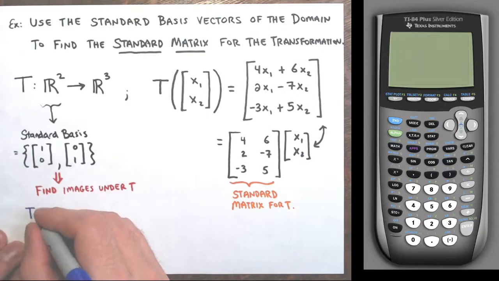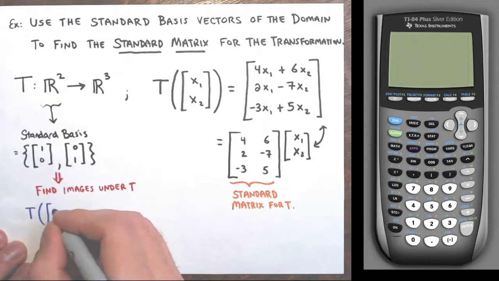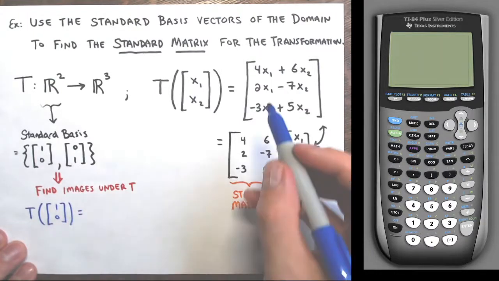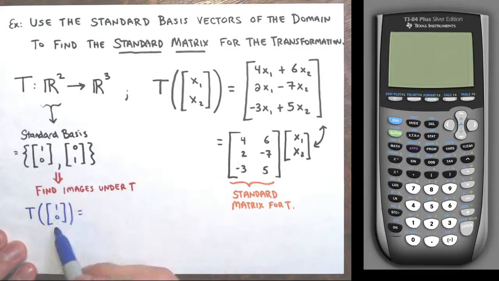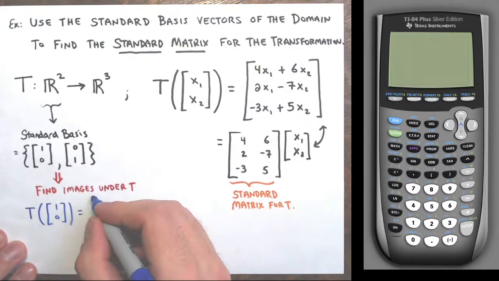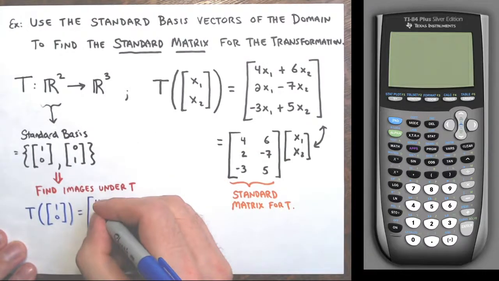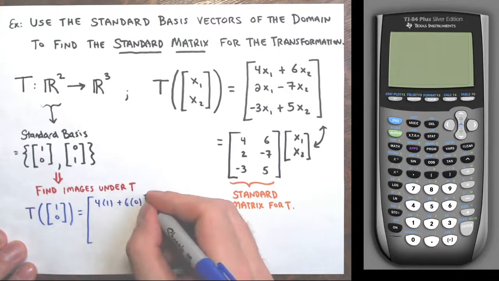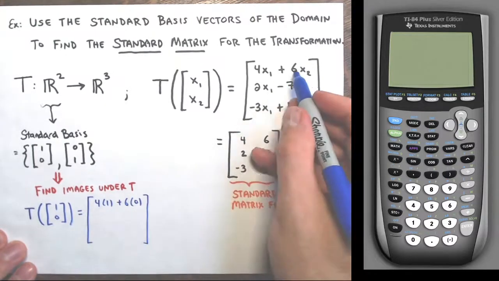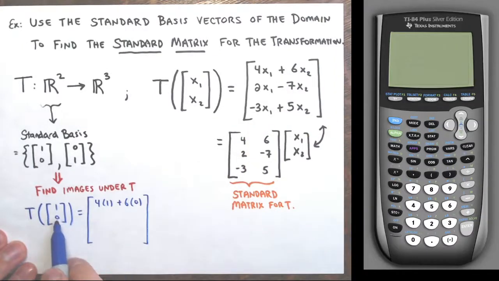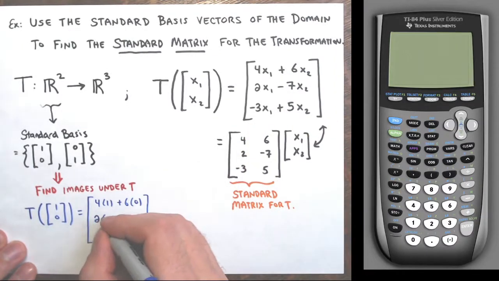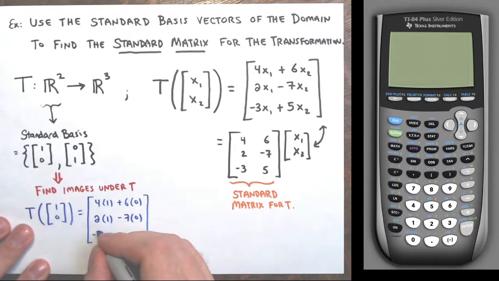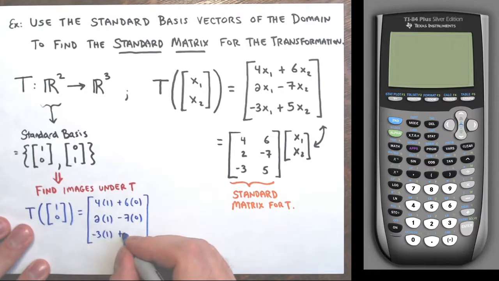So what's T of the first standard basis vector, 1, 0? Plugging in 1 for x1, 0 for x2, I'm getting 4 times 1 plus 6 times 0 for the first component, then 2 times 1 minus 7 times 0, then -3 times 1 plus 5 times 0.